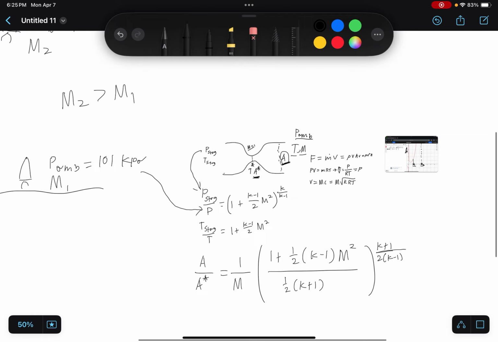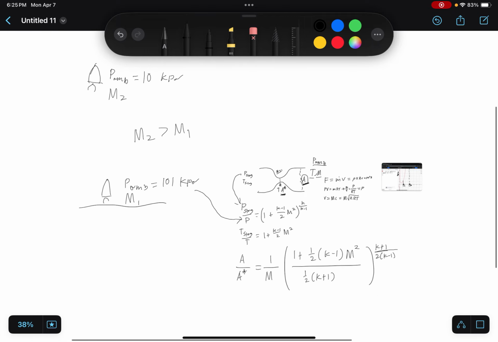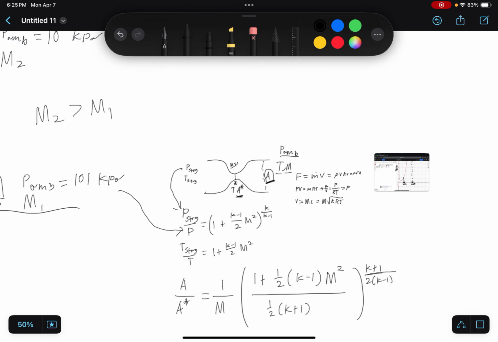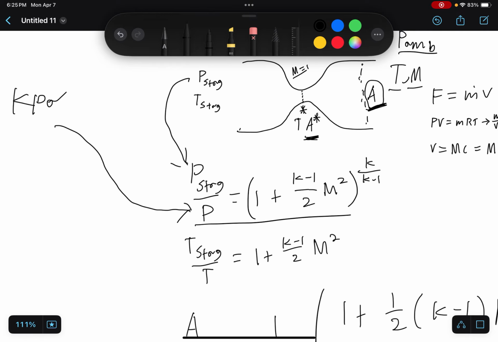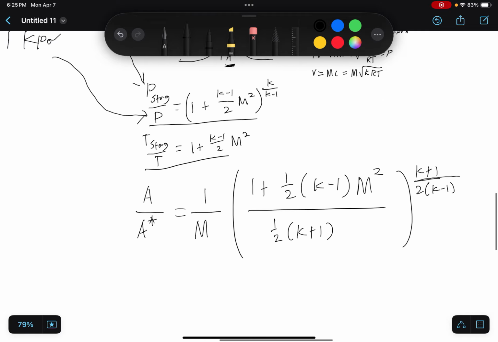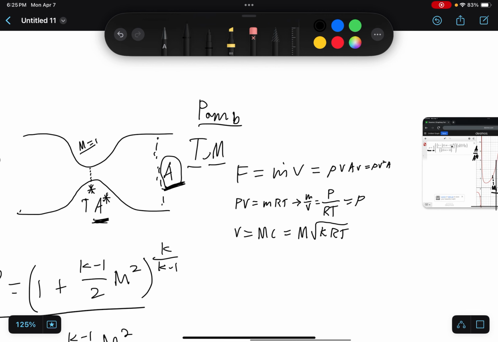And it's not that complicated, it's barely any equations. I think that's it. So the main equations are that, this one, and this one, and this one.